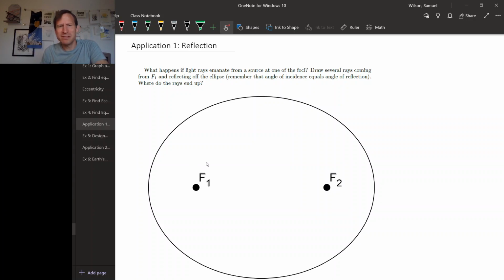Does anything nice happen? Well, print out the handout and sketch some light beams coming out of focus 1 here and see how they bounce off of the ellipse.